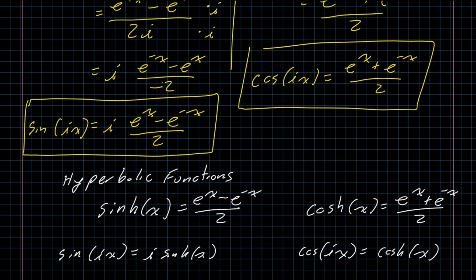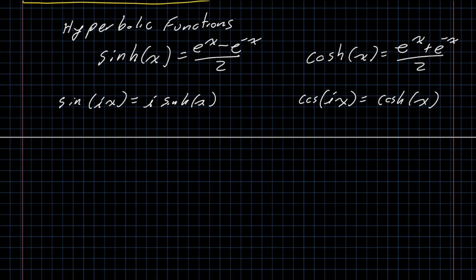I tend to remember these as some sort of an extension on even and odd. Sine is an odd function, so when we try to take it for an imaginary value, we end up with an imaginary in front. Cosine is an even function, and it's, again, by coincidence, but it's helpful to remember. Put an i inside, that i gets eaten when we transform from the cosine to the cosh.